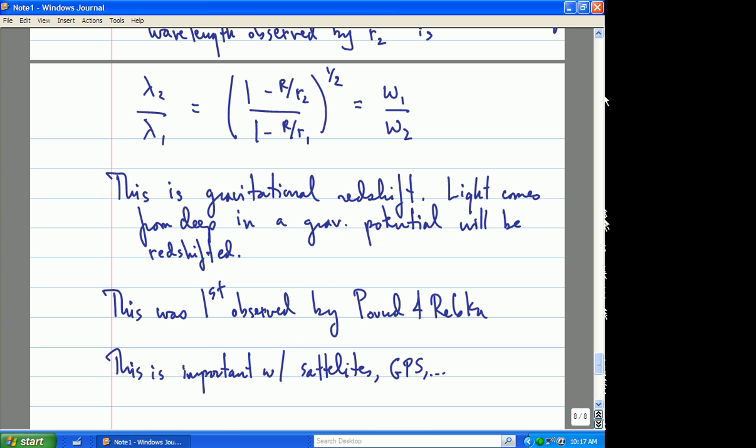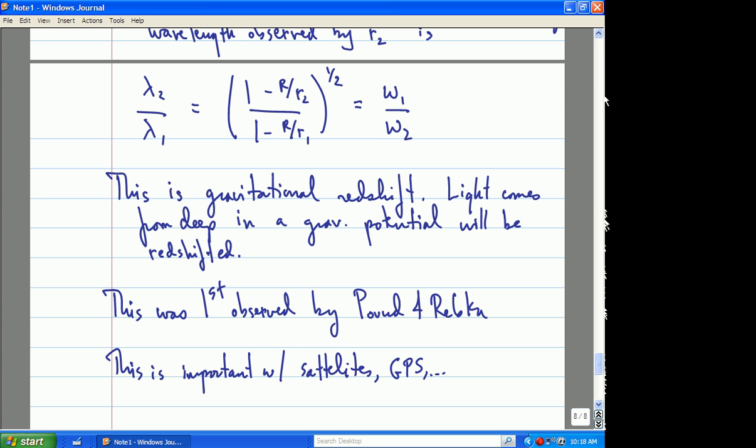The GPS satellites are essentially atomic clocks which emit time signals, which tell you what time it is very accurately. They do that by emitting radiation waves at a given frequency. That frequency is redshifted, and so you need to account for that redshift in the GPS system.